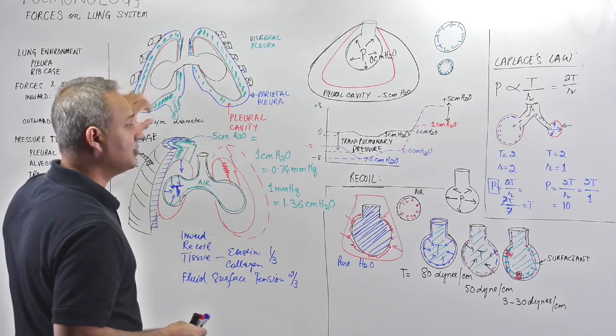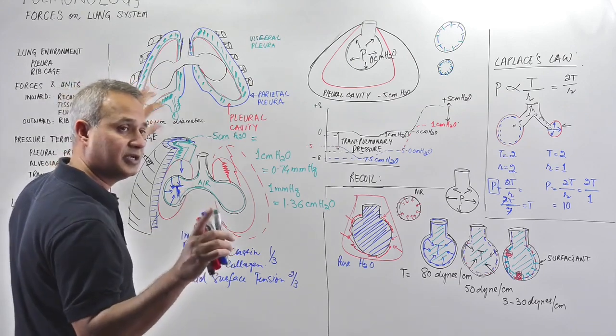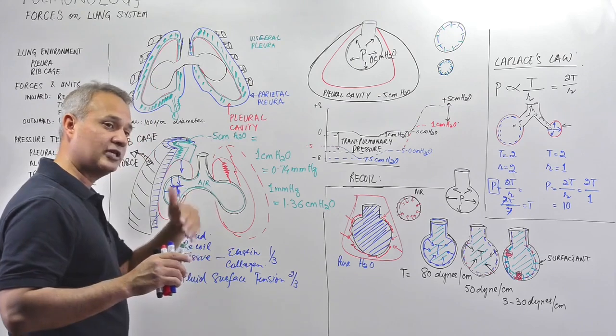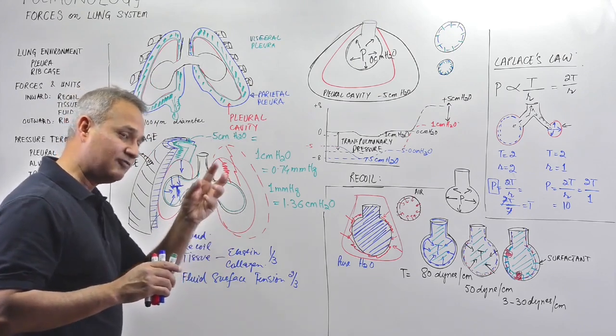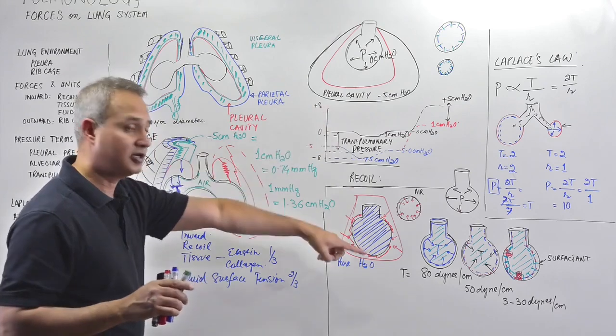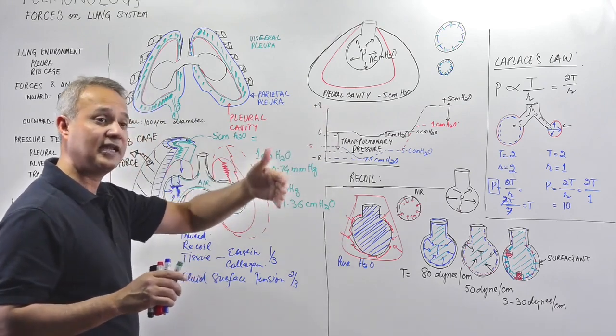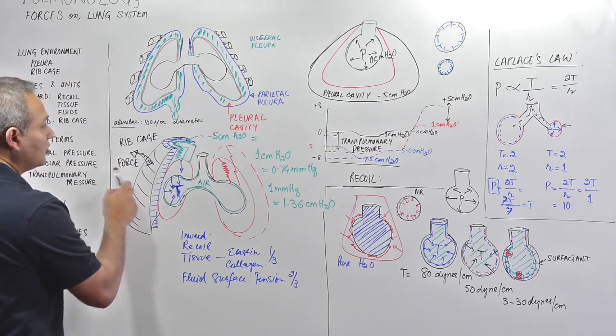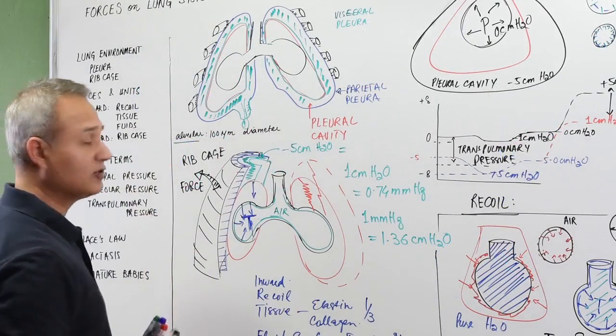Keep that in mind, because this information, that premature babies and the patients who are experiencing atelectasis have smaller or shrinking alveolar diameters, will be useful in Laplace's law to see what can happen to the lungs in collapse. Okay, so now let's look at the forces that are acting on the lungs.